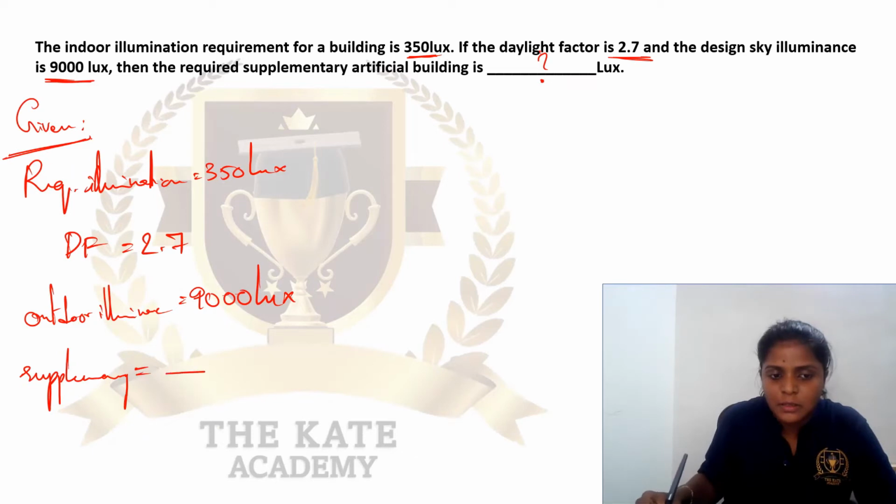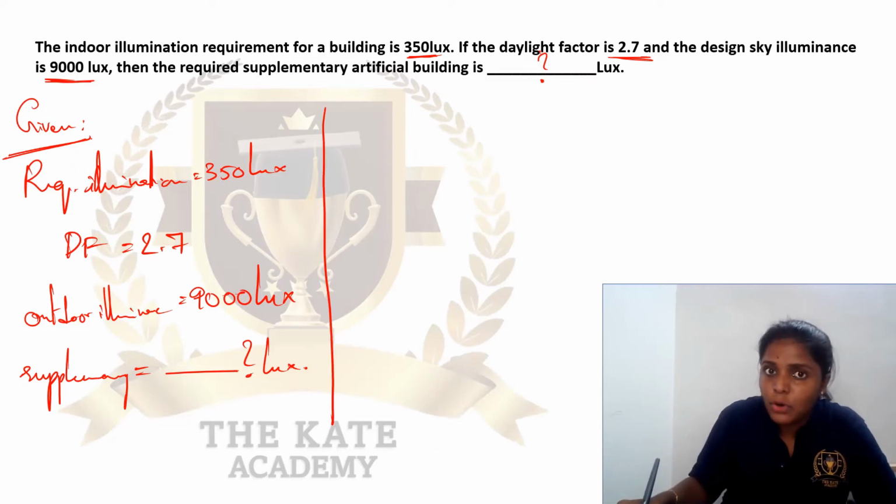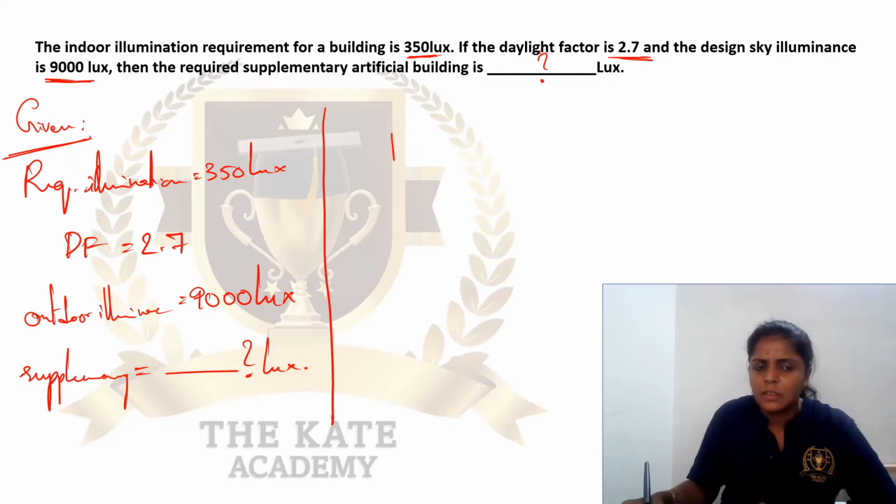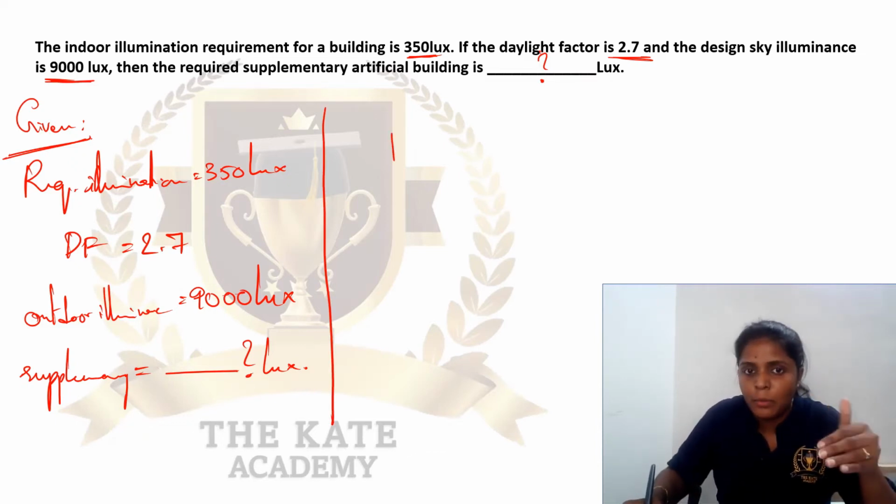Supplementary illuminance, how much is required, is the question. For that we have a formula. There are different formulas for this, but considering the values which have been given here, we have daylight factor, outdoor illuminance, and we are also going to find the indoor illumination.